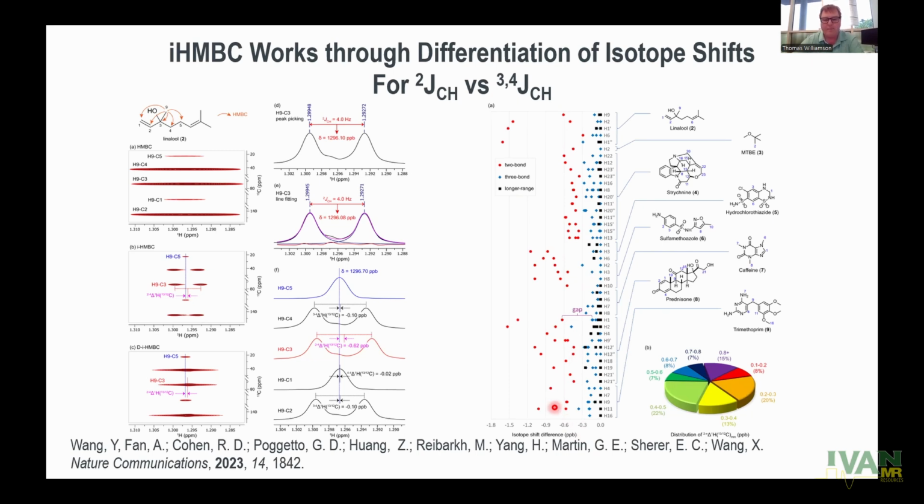So this really was demonstrated on a whole suite of natural products, including some just spectacularly complex molecules like calicheamicin and others. And in all cases, it was shown that these structures could have been solved quite easily and in a straightforward manner through the use of this experiment.